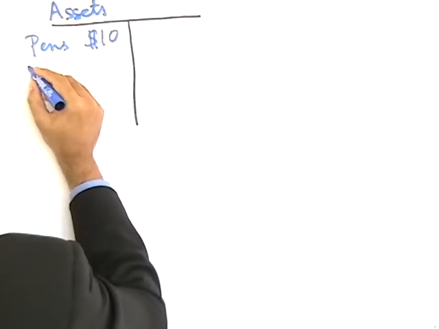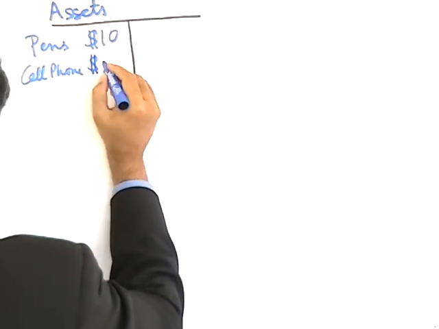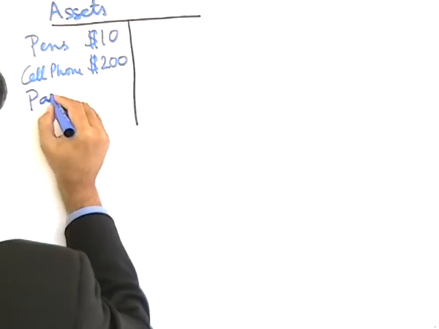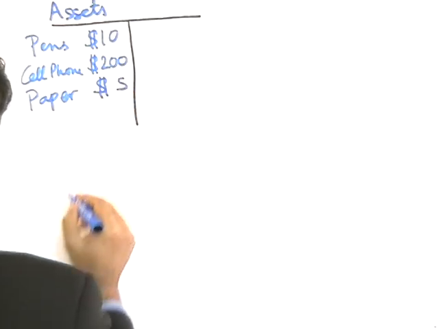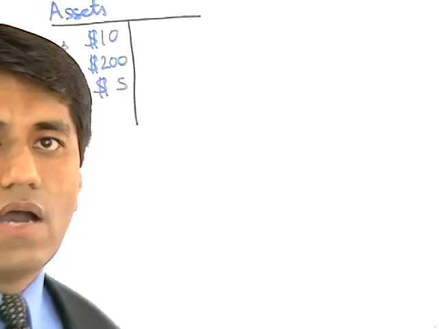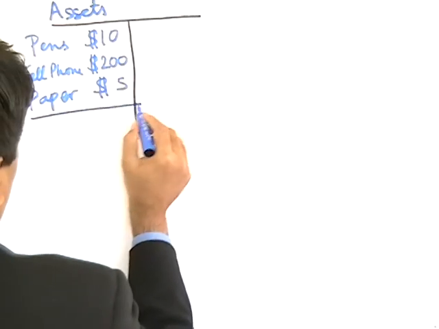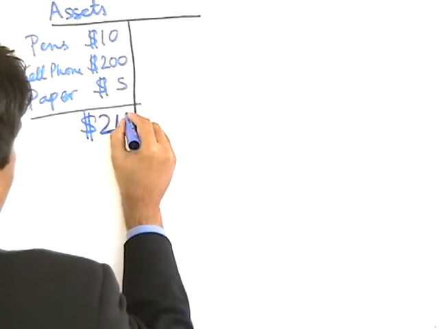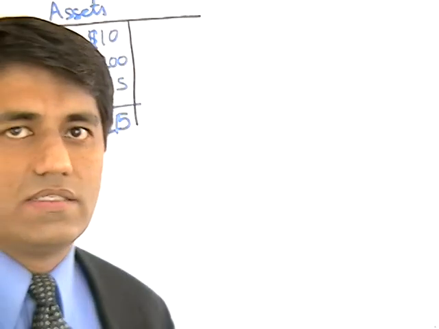The cell phone worth $200, and the paper worth $5. So the accountant is making the balance sheet for the firm and has listed the assets and totaled the assets to 215. So the total for the assets is 215.